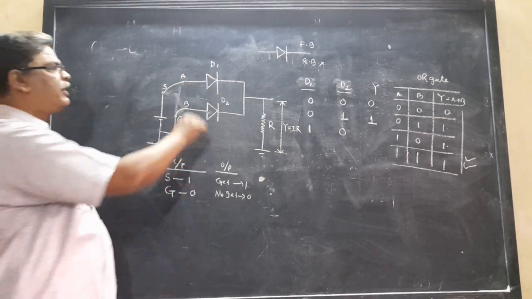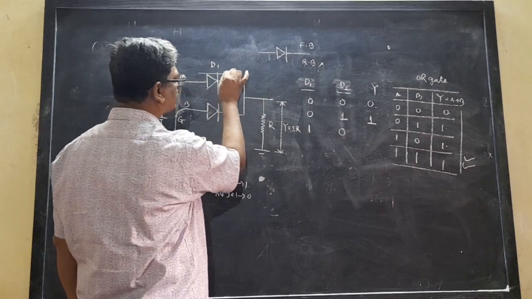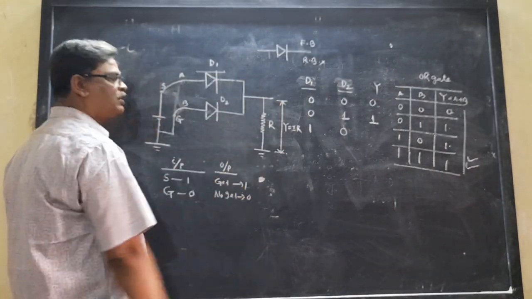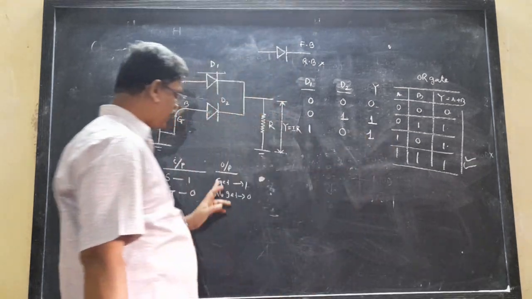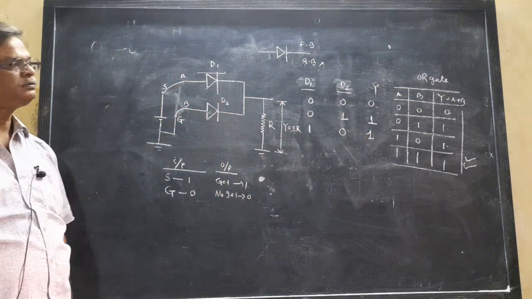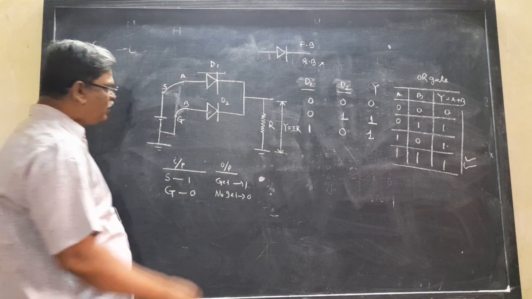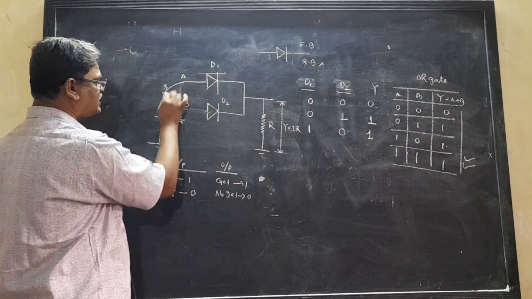If the diode D1 is forward biased, then it conducts the current, there is a current through R and we get the output.